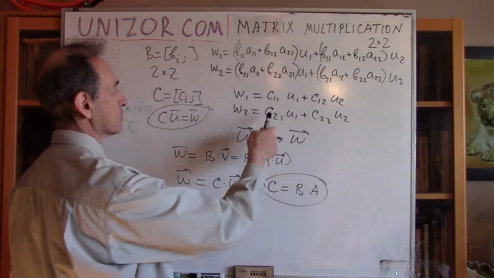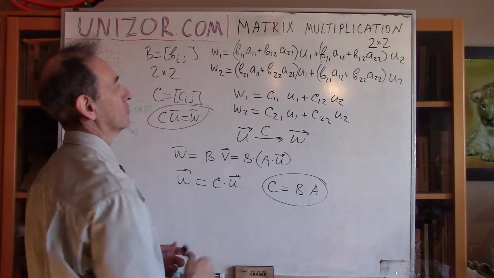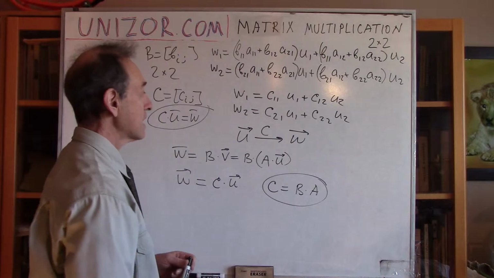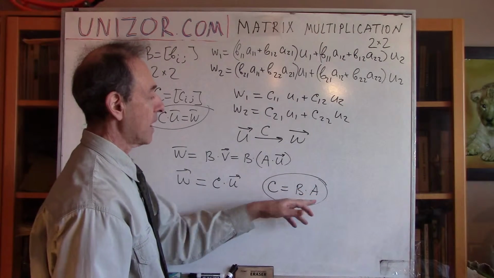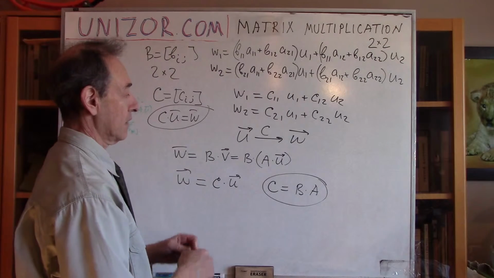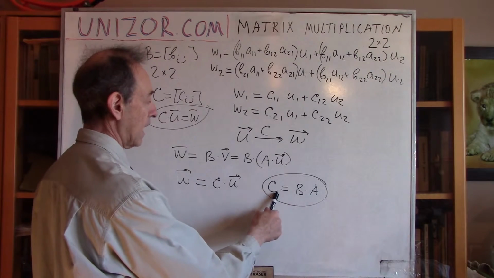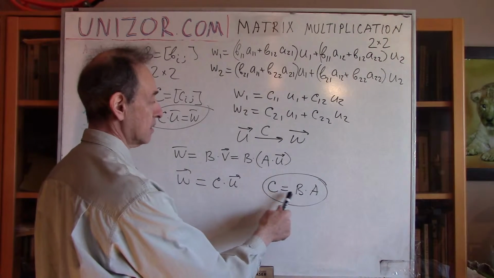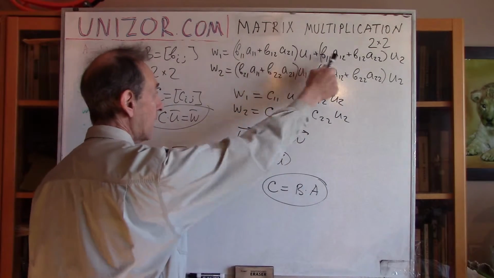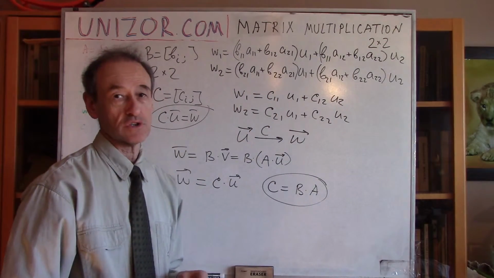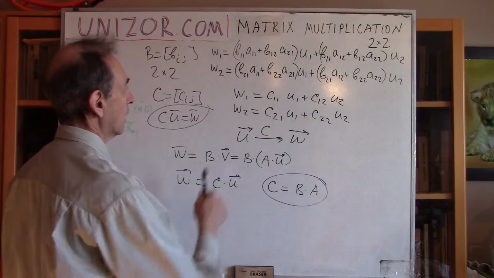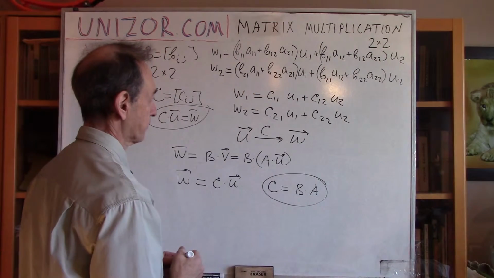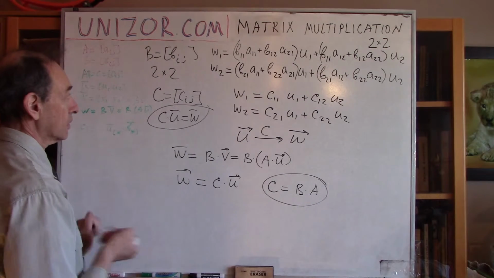How to find the coefficient C11? This is how. So that's how the matrix B is multiplied by matrix A. Each particular element of the matrix C, which is the product, is defined by using these definitions. But let's take a little closer look at these definitions. Look at this.